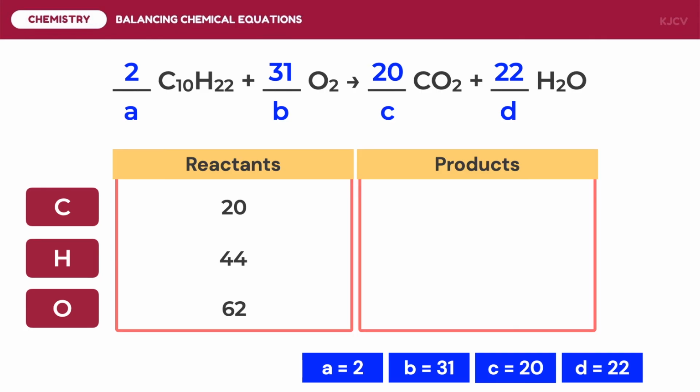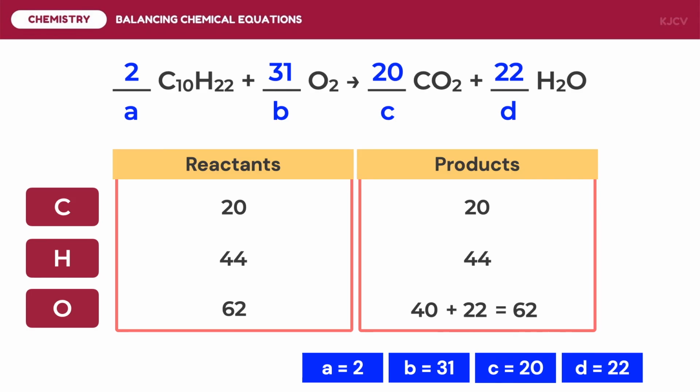For the product side, compound C or carbon dioxide gives us 20 carbon atoms. It will also give us 2 oxygen atoms multiplied to the coefficient 20, resulting to 40 oxygen atoms. Lastly, water or dihydrogen monoxide gives us 44 hydrogen atoms, and 22 additional oxygen atoms for a total of 62 oxygen atoms. With this element counts, we therefore conclude that the equation is balanced.